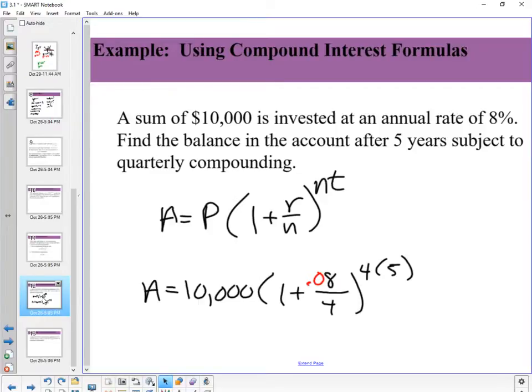Otherwise, you're using this one. Please make sure that you don't make this mistake. A lot of people get it wrong because you forget to convert this 8% into a decimal form. Otherwise, you won't get what you're looking for.